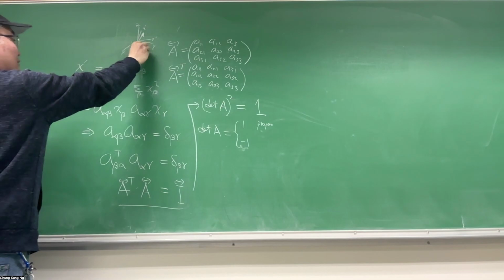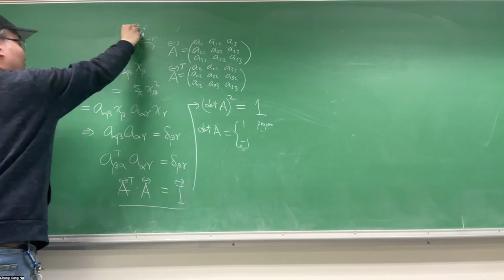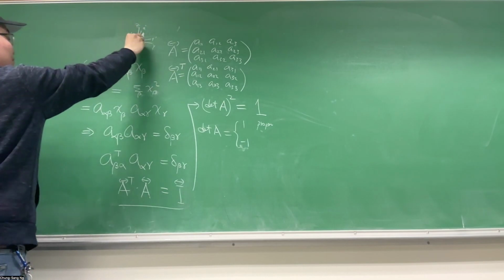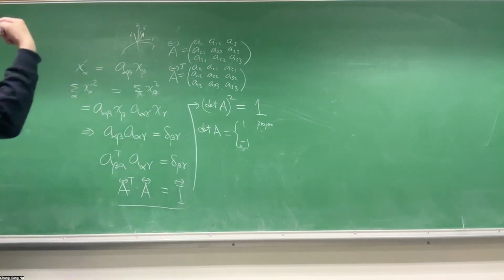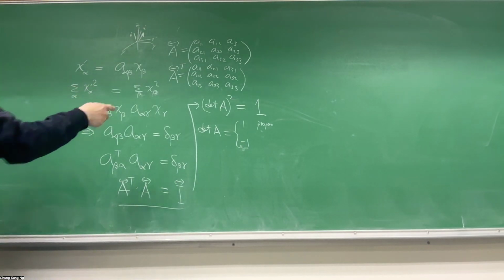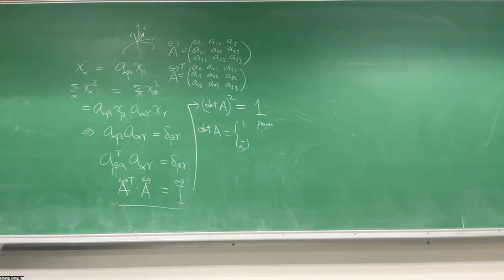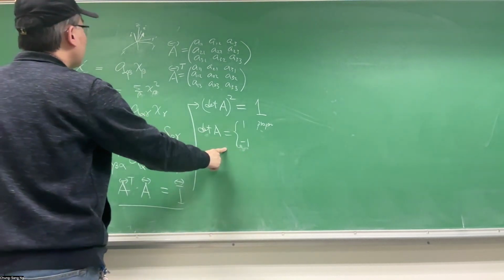If this is x, we change it to minus x, or extend the x-axis the other way around, so instead of pointing this way, it points the opposite way. If x, y, z originally is a right-hand coordinate system and you invert one of them, then this becomes a left-hand coordinate system, and that will make the determinant minus 1.